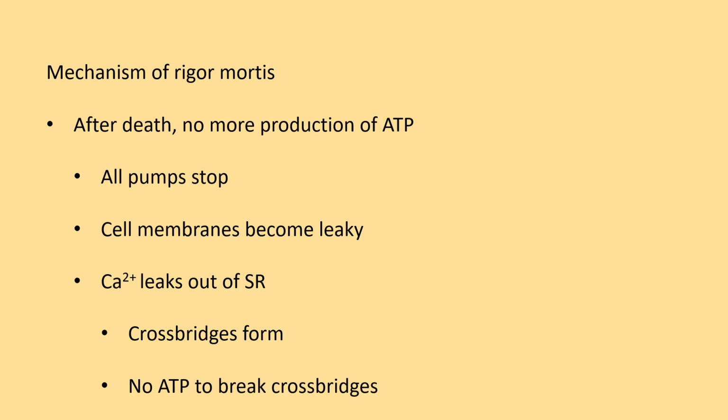So now, following death, there's no way to maintain these vesicles, and the vesicles become leaky, and these protein digesting enzymes get out and they catabolize any protein that they encounter, including myosin and actin. So as the contractile proteins are digested, cut up by proteases, rigor mortis will gradually fade away because these proteins will be chopped up into amino acids, and obviously there are no more cross bridges.